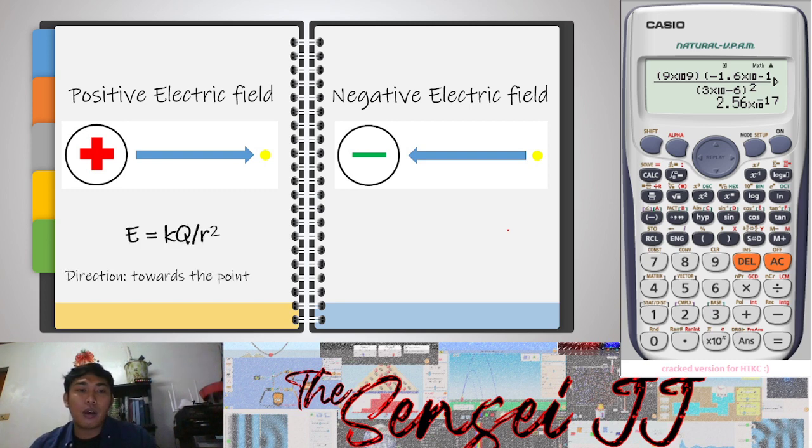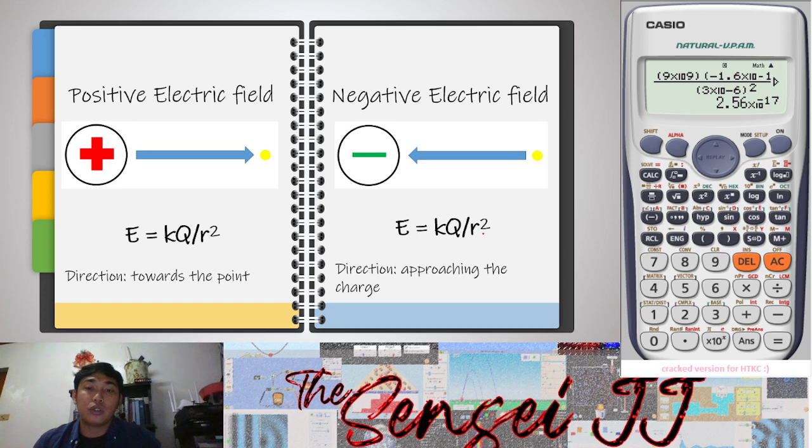Okay, so we have here our formula, which is E is equal to kQ all over r squared. Direction towards the point, while our negative electric field is having the same formula, E is equal to kQ all over r squared. Direction is approaching the charge.